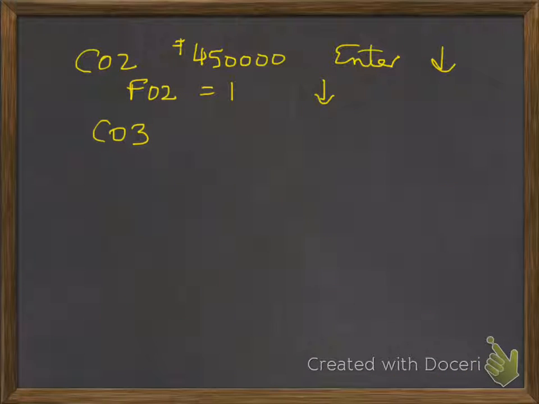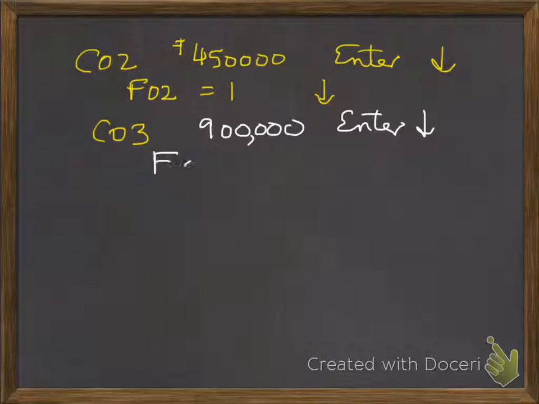So for C03, we're going to be entering in $900,000, and press the enter button, followed by the down arrow key. F03, the frequency that is associated with that $900,000, is equal to 7. So you're going to key in 7 and then press the enter key and down arrow.